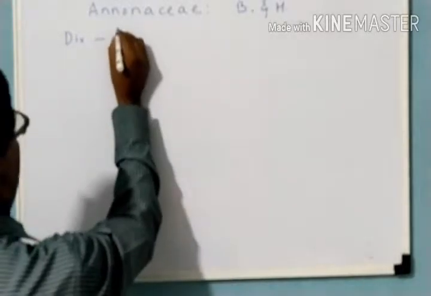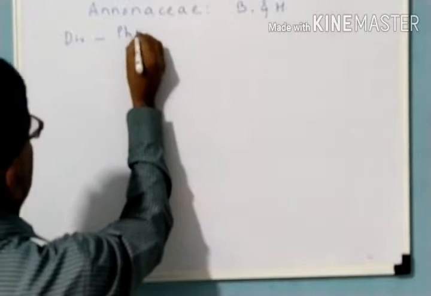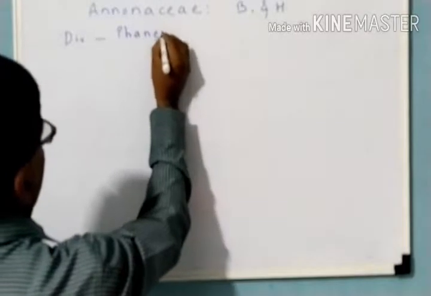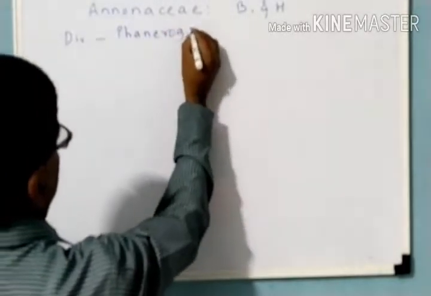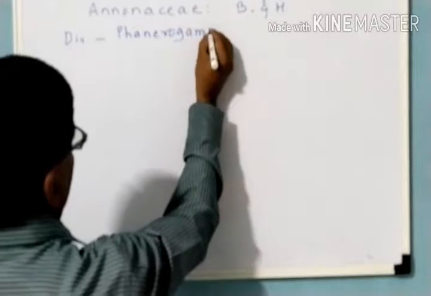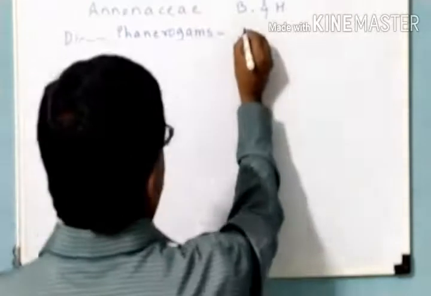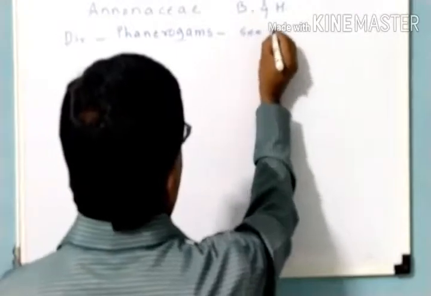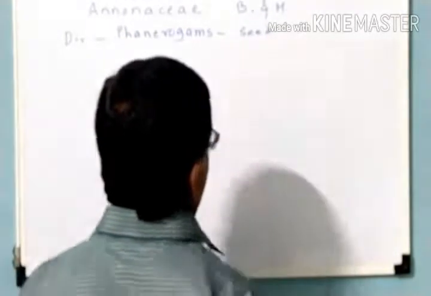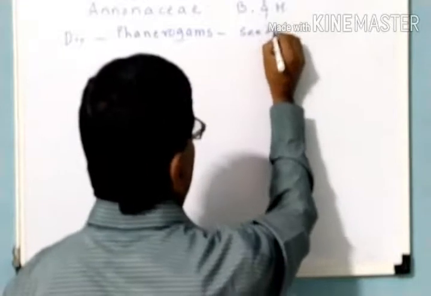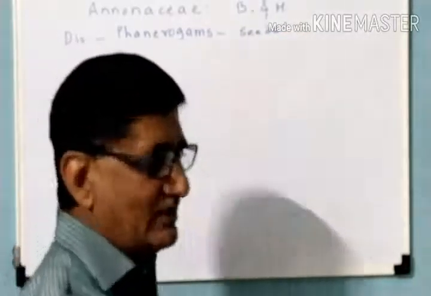This particular family belongs to the division Phanerogams. What are the reasons? Phanerogams means the seed-bearing plants. The seeds are present in this particular plant, so they are called Phanerogams.